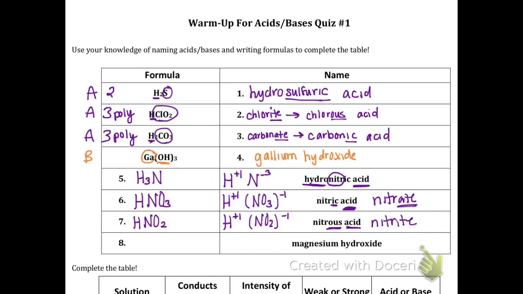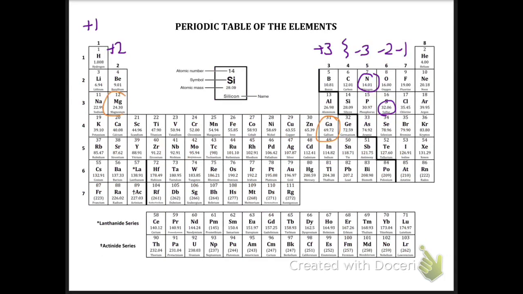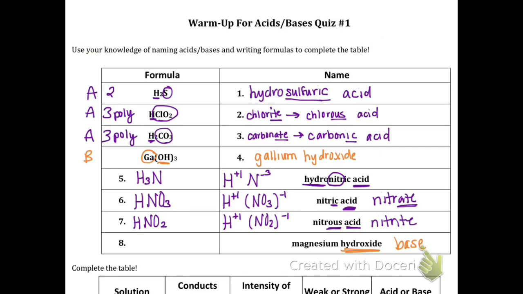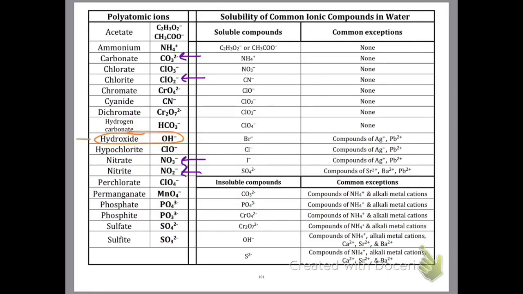Okay, here we have magnesium hydroxide. So we know that this is a base. Okay, so magnesium is here. It has a +2 charge. So you're going to write magnesium has a +2 charge. Hydroxide is a polyatomic. It's here.